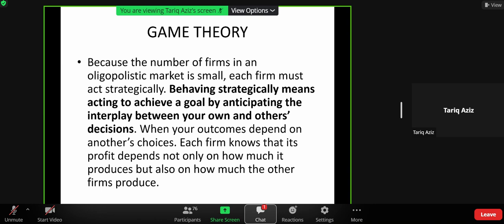Our outcome not only depends on our own action, but also on the actions of others. What others are doing is also impacting our business, our performance. So each firm knows that its profit depends not only on how much it produces, but also on how much the other firms are producing.